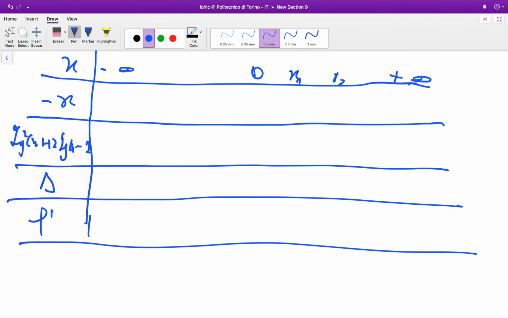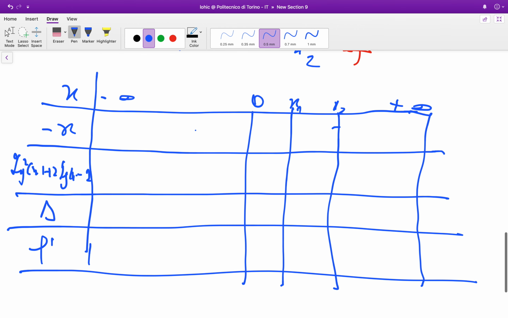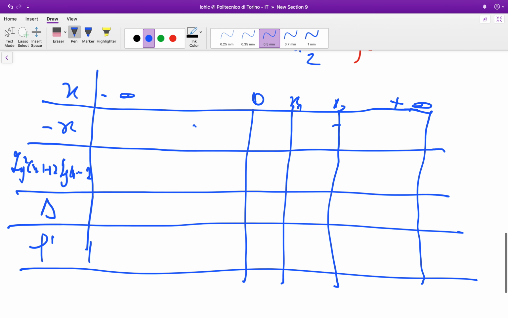So from this, now we split, but for the moment I will keep this part like this, because remember that we were studying the function only from 0 to plus infinity, right? Because it was even.